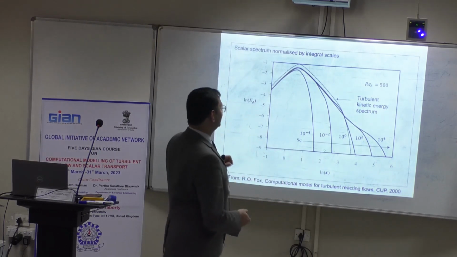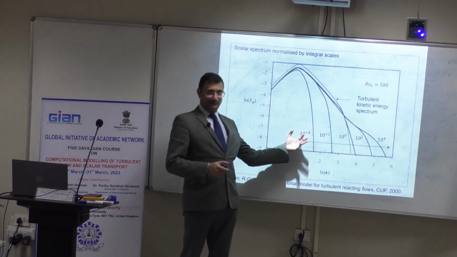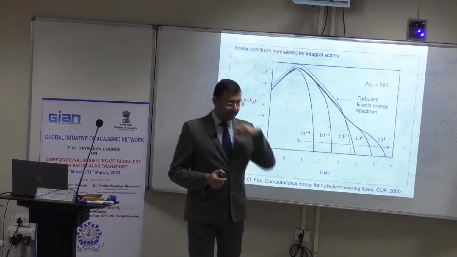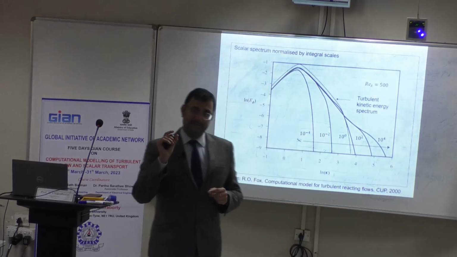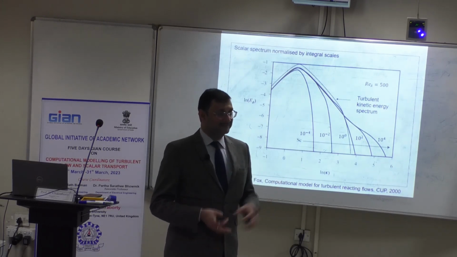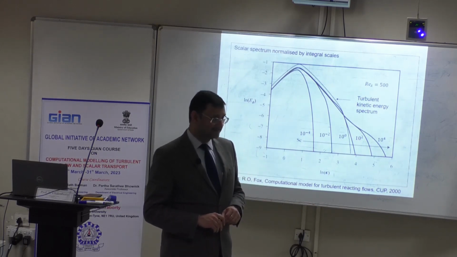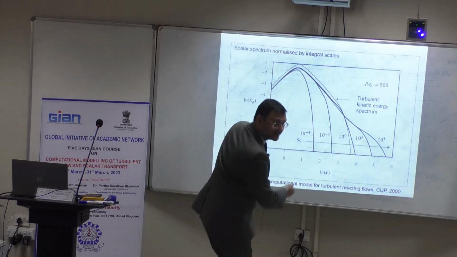So if you are dealing with gaseous flows, where Schmidt number is less than 1, resolving the smallest length scale of turbulence, the Kolmogorov length scale, is good enough. The matter ends there, right? Because spectral rolling off takes place here.